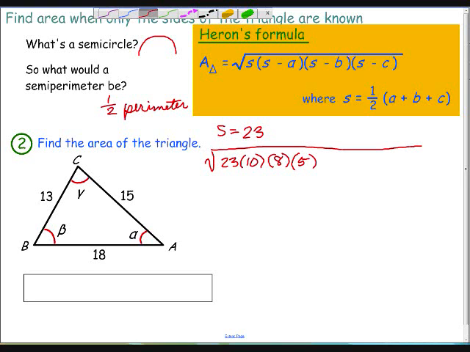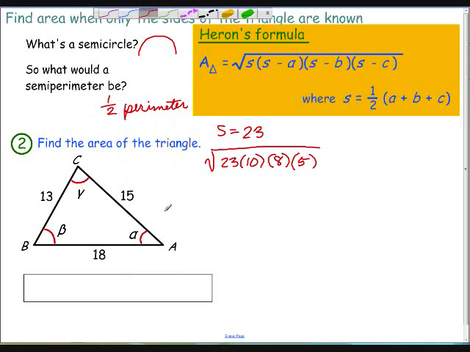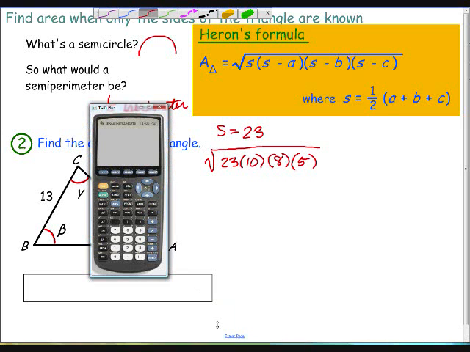Okay, there. So now we just bring the calculator over and we do all the calculations with this. So turn it on. 23 times 10 would be 230. And here we've got 8 times 5, which is 40, so I'm just going to say times 40.